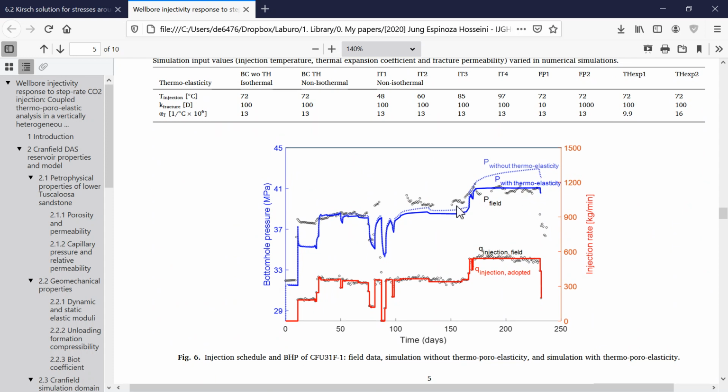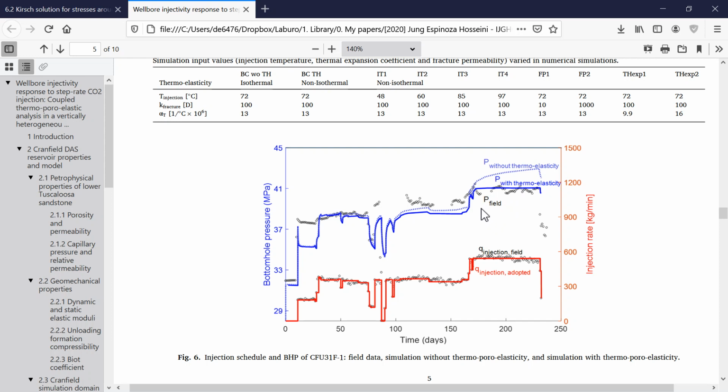If you wouldn't consider thermo-elasticity and you wouldn't consider the stress relaxation in horizontal direction as expected, you would predict that the pressure at injector is proportional to the rate. However, in this case, including the presence of thermo-elasticity, we saw that the pressure at injector would not be as high as predicted without accounting for thermo-elasticity, but will be a little bit lower.